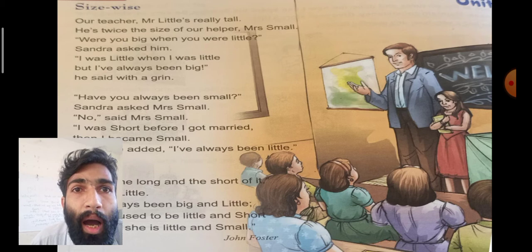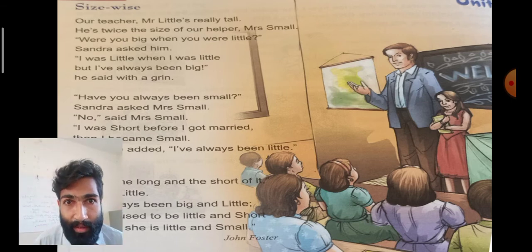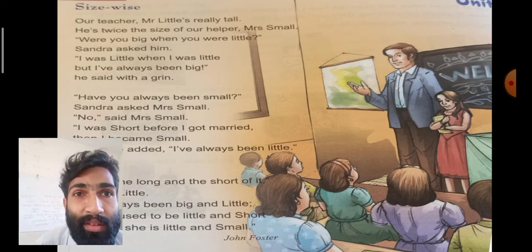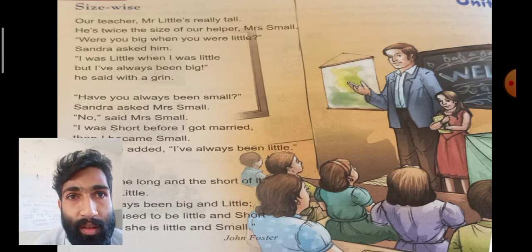"I was little when I was little, but I've been big," he said with a grin. So he was named Little even in childhood, but he was big in size. Did you see that smile? Yes, that is known as a grin. That kind of smile he had.